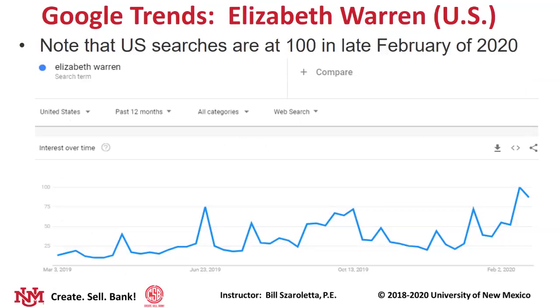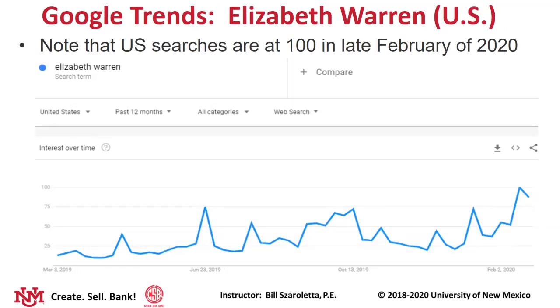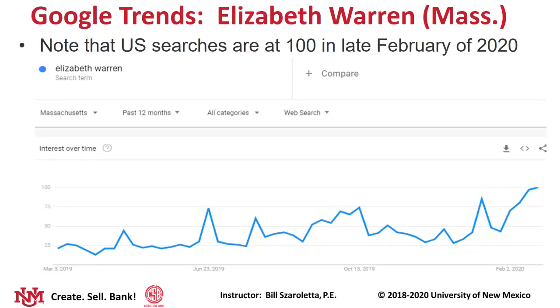So let's look at Elizabeth Warren. Now, the US searches, they're hitting 100. So I've got United States, past 12 months, all categories, web search. There it goes. Now, if we look in just Massachusetts, it's got a very similar trend. US, Massachusetts, again, it's hitting 100.